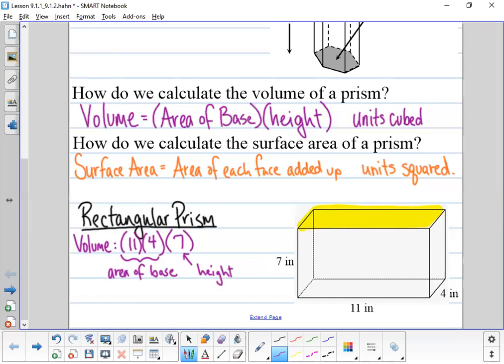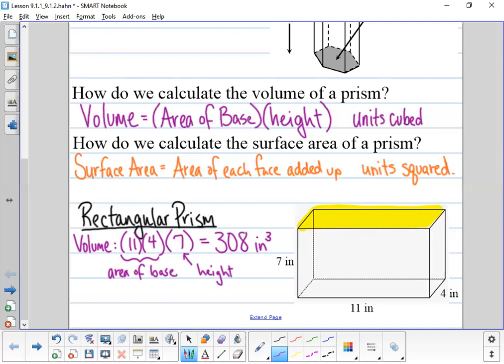So I can get my calculator out and I can do 11 times 4 times 7, and I get that my volume would be 308. And then my units are inches, so it would be inches cubed. So 308 inches cubed, that is my volume.